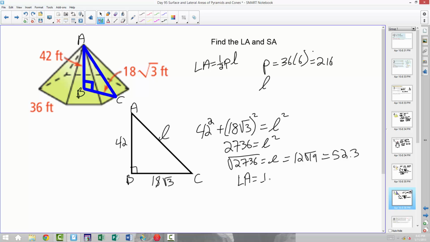So my lateral area equals half perimeter 216 times 12 radical 19. So 216 times a half times 12 radical 19.